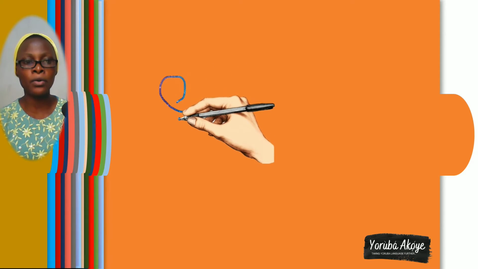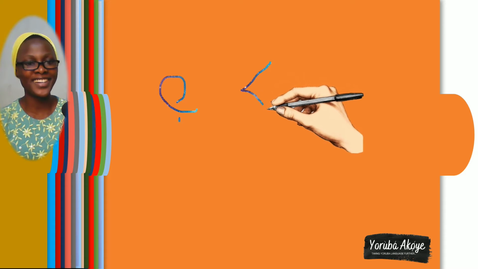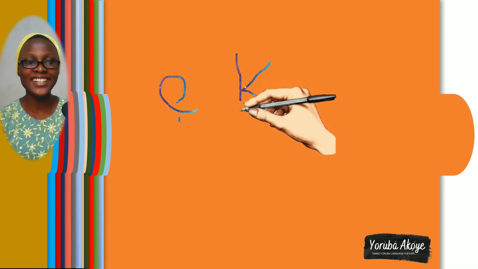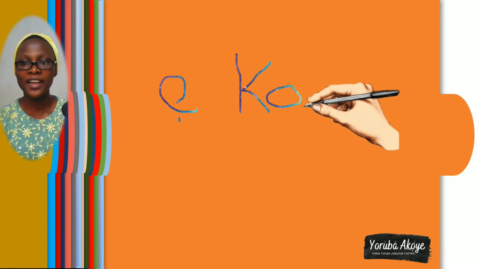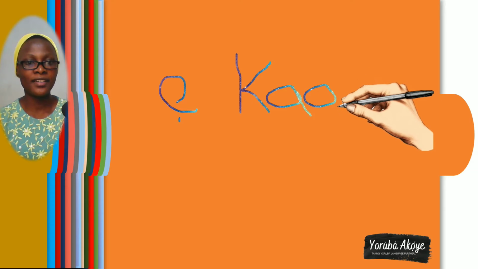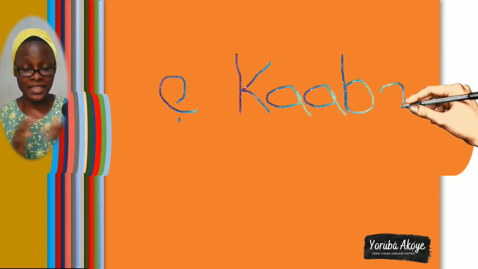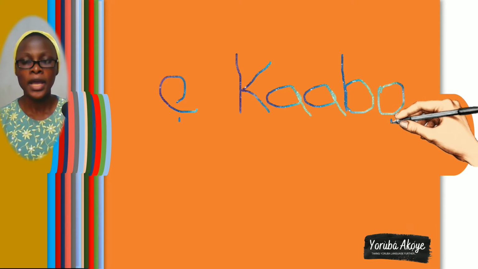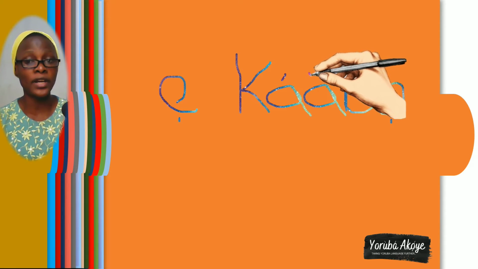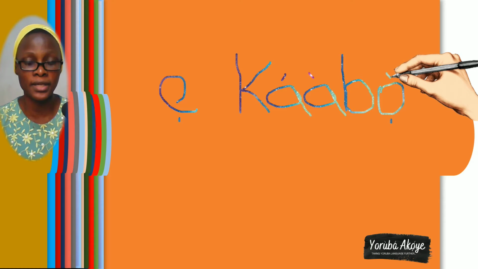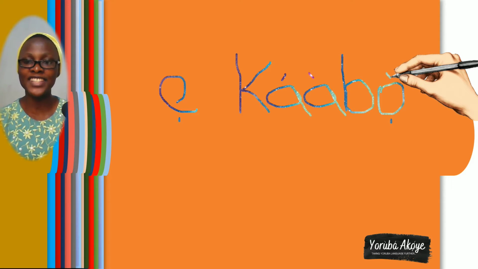So now I want you to really prepare your mind. As I bring on each word, I will not pronounce it at first. I want you to pronounce it, and then after that I am going to pronounce it for you.